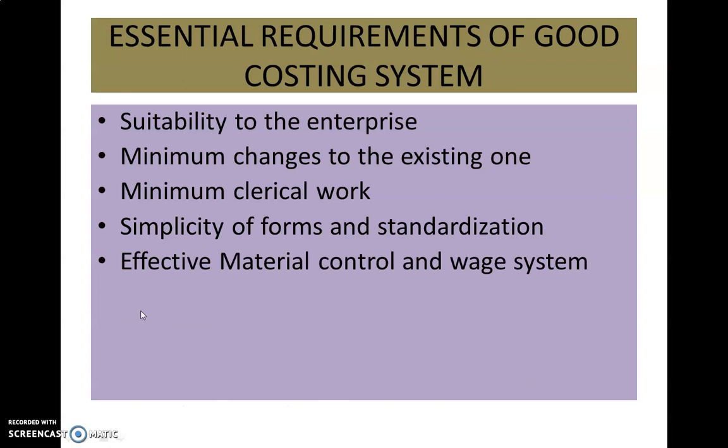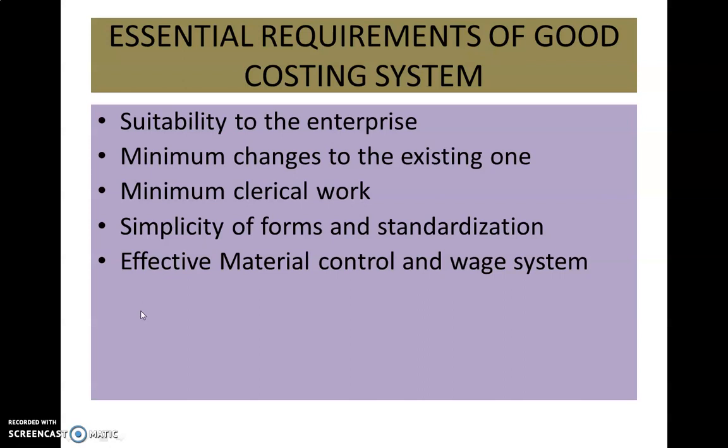Next, effective material control and wage system. The system relating to purchase, receiving, inspection, storage and issue of materials should be effective. There must be a proper procedure for recording the time spent on different jobs by workers for the payment of wages.